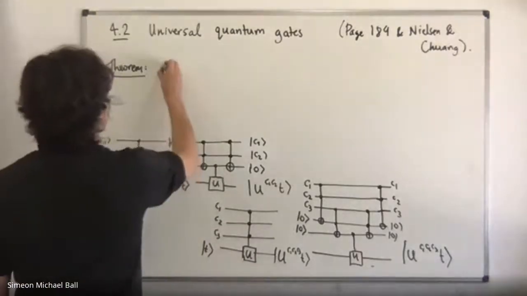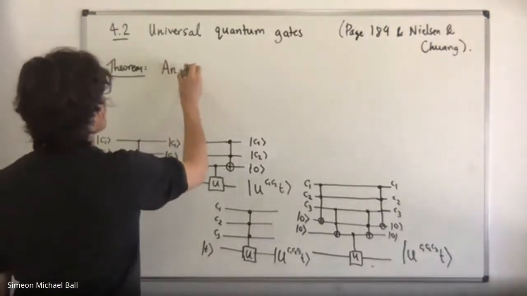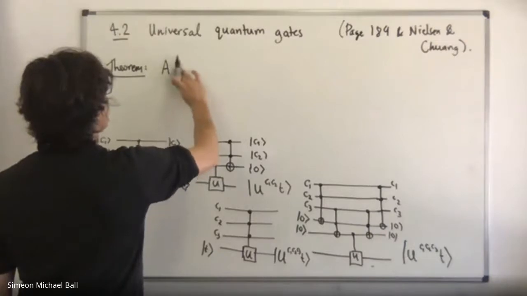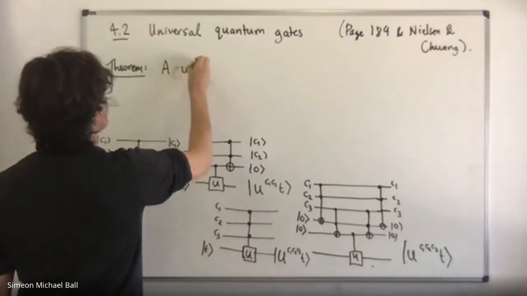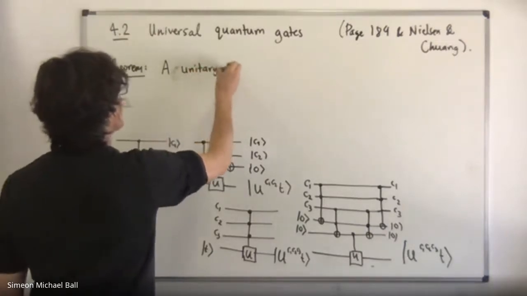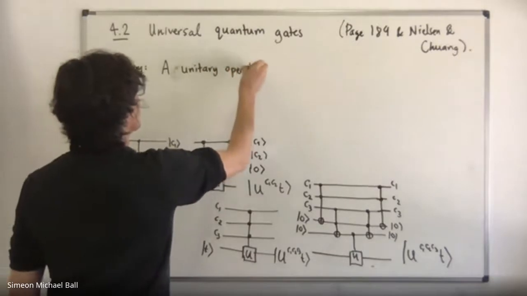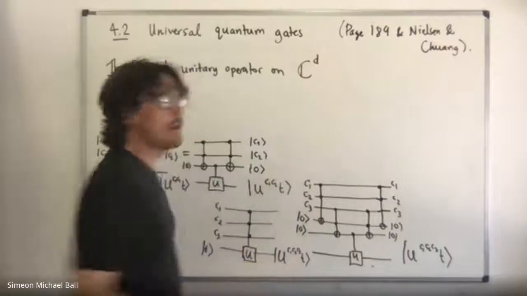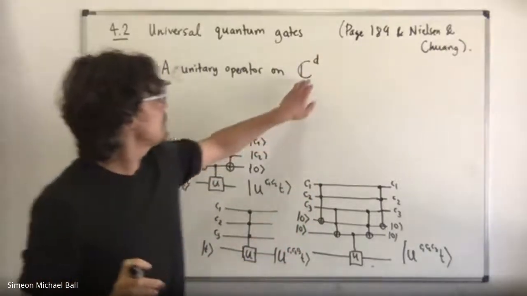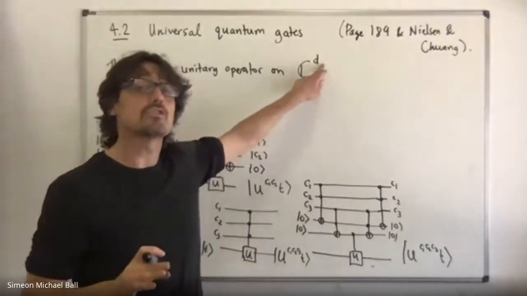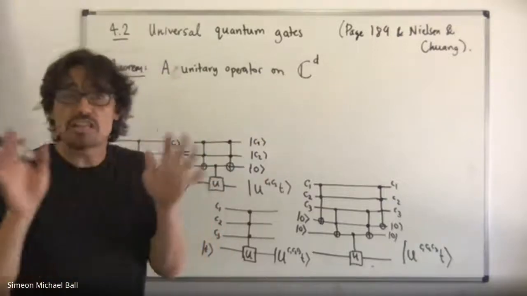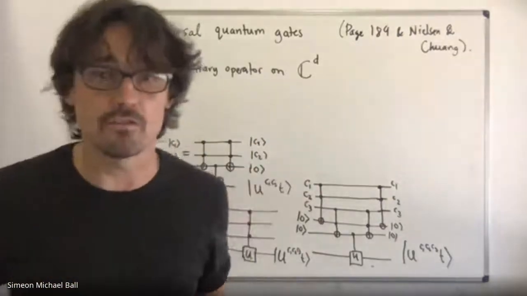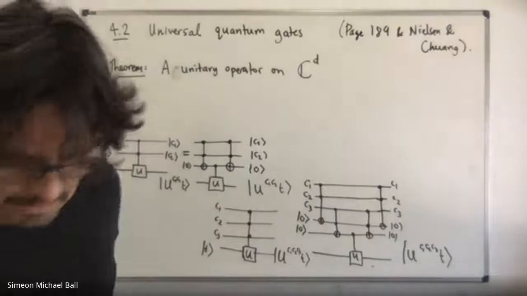So a unitary matrix, and for us our space is a Hilbert space, and this has dimension 2 to the n, but believe me, it's just easier if we just stick to a normal complex space, any complex space.